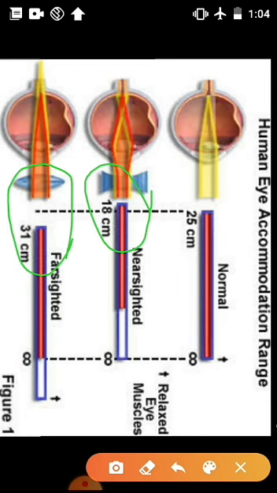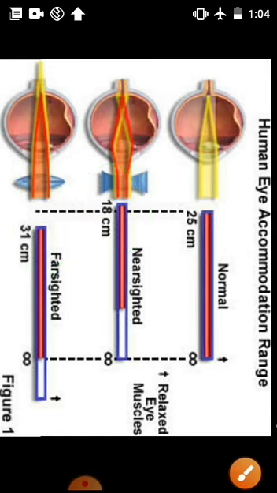How can we see the near object clearly? The answer: when the focal length of the eye lens is decreased by contracting the ciliary muscles, we can see the near object clearly.